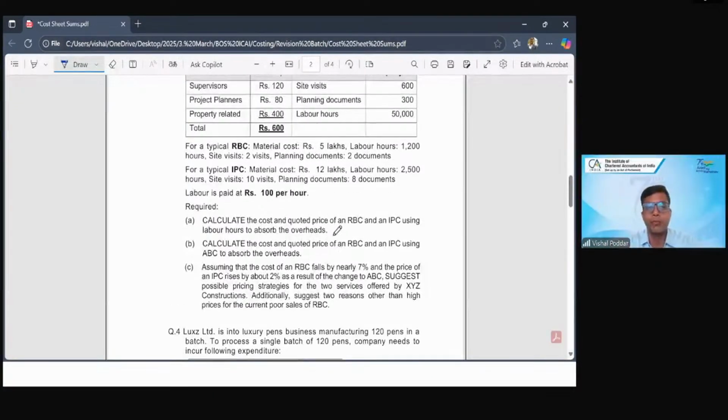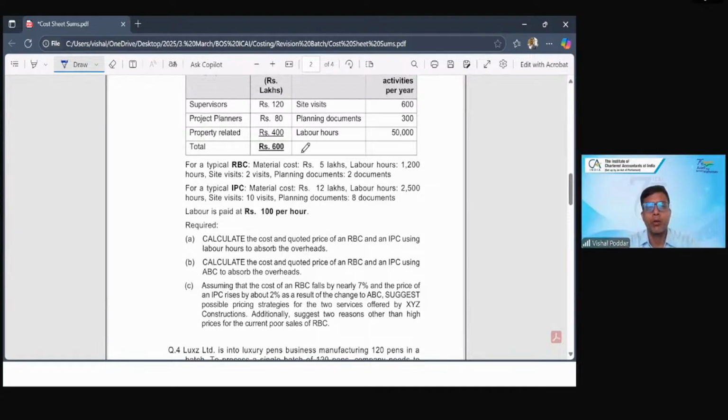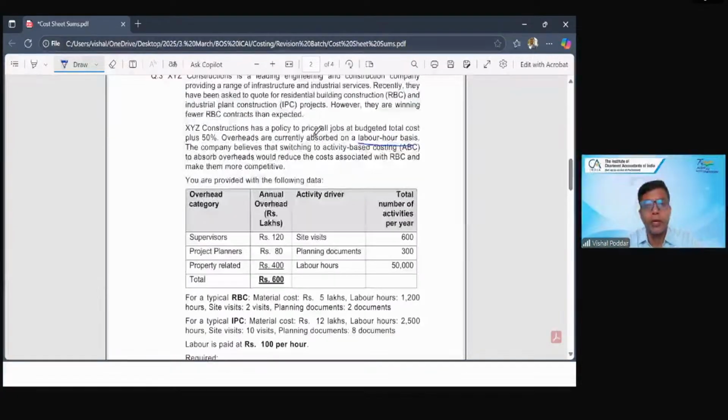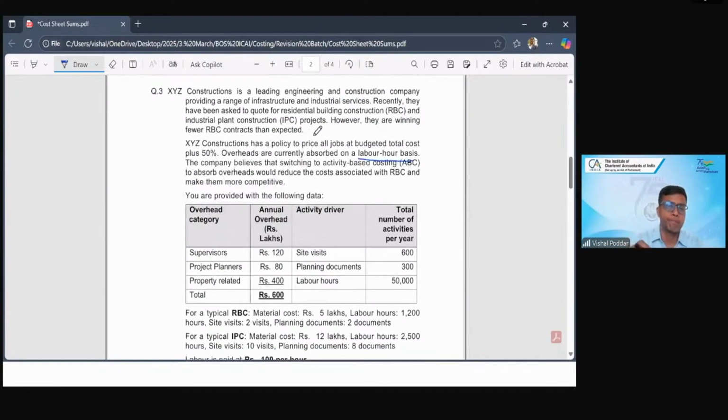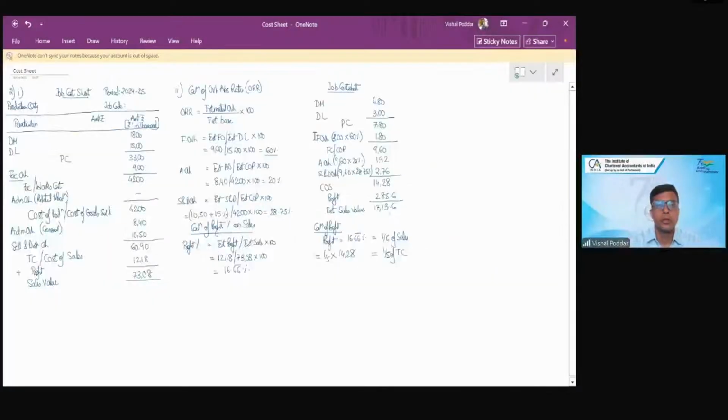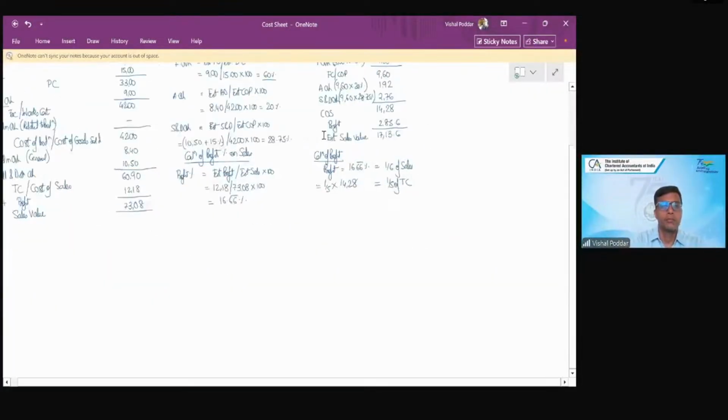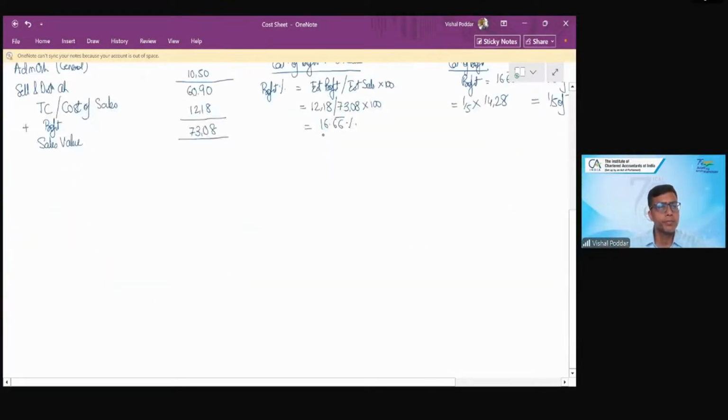So we first prepare the cost sheet. For preparing the cost sheet, we have to also find out our charging rates. Question 3, part A, traditional approach.